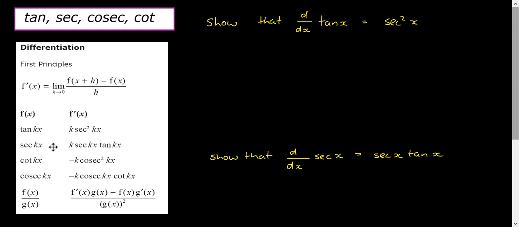Sec x differentiates to sec x tan x. And again, the k follows that pattern. Sec kx becomes k multiplied by sec kx tan kx. Cot of kx differentiates to minus k multiplied by cosec squared of kx. And cosec kx differentiates to minus k multiplied by cosec kx cot kx.